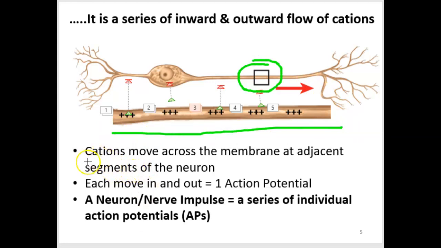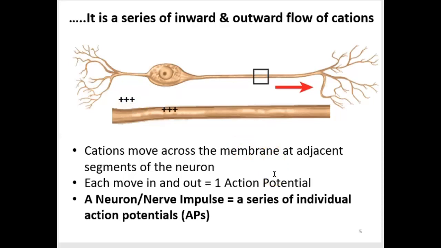But what you're going to see is that cations, instead of starting at one end and moving down the length of the axon, what they really do is leave, and then others come in, and then those leave and others come in, and so on and so forth. So let's do that animation one more time. Here we go. In, and then that goes out, and another comes in.